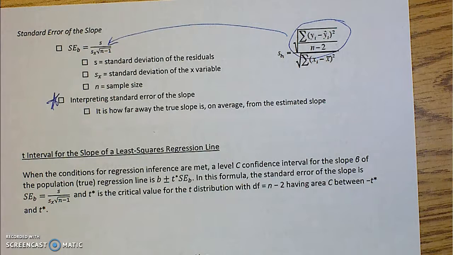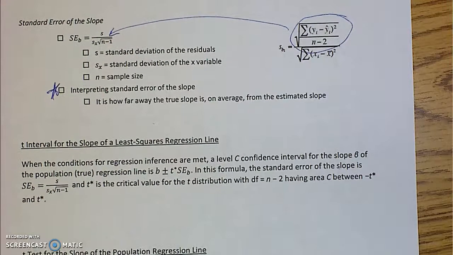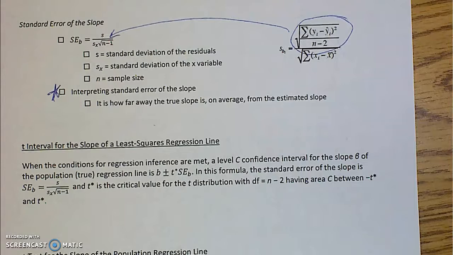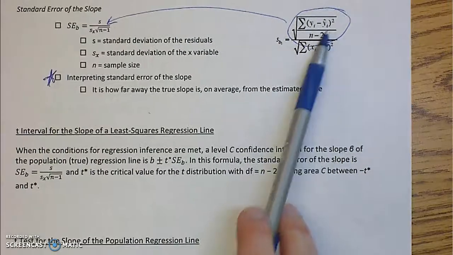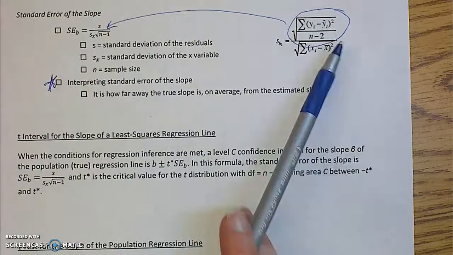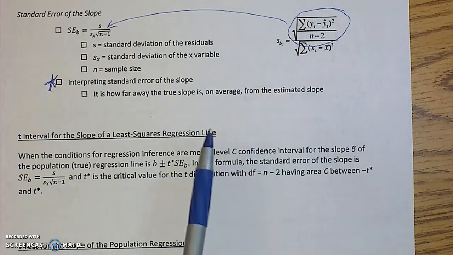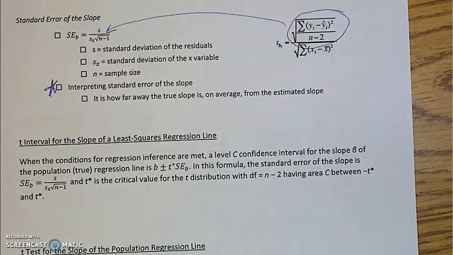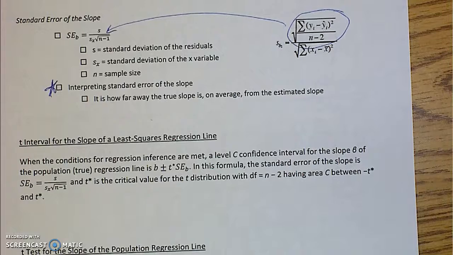Okay? So we're not going to be using this formula or this formula. These are on your formula sheet should you need them. But like I said, you probably won't use it. You'll most likely find your standard error from your computer output.